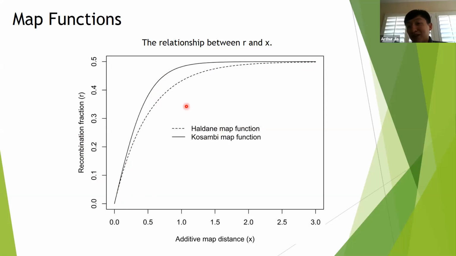But if the distance between two loci is not too small and not too big, then you're going to see a difference between these two map functions. So we're going to look into these two functions and see why they are different. They're both very useful, but they're different. So we're going to see the details.